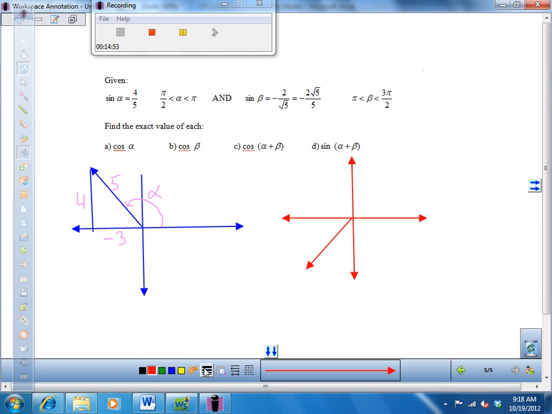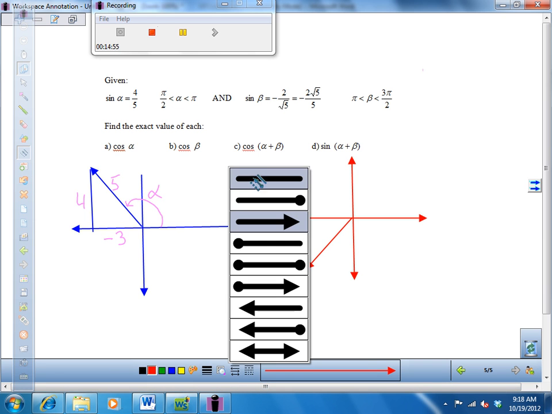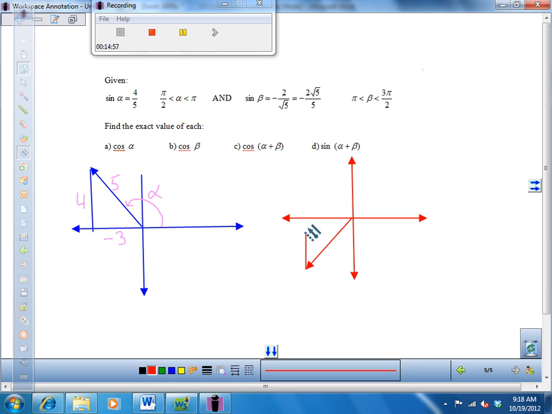Then you draw a line going like this, and the sine of this angle, it's a little more complicated, but it's -2 over root of 5, so you call this -2, and you call this root of 5. It's all one problem. Here's alpha, here's beta. Beta is between these two, so this is the angle beta.